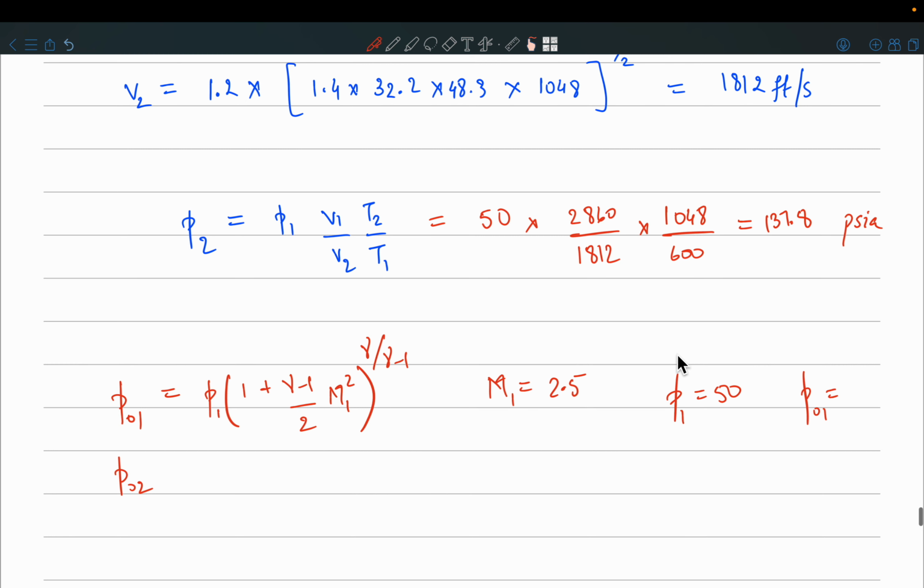But there is no shock, right? No, we cannot use that. See, if the change in the Mach number happens because of a shock, then you can use that. Yeah, so what is P01 that you get?